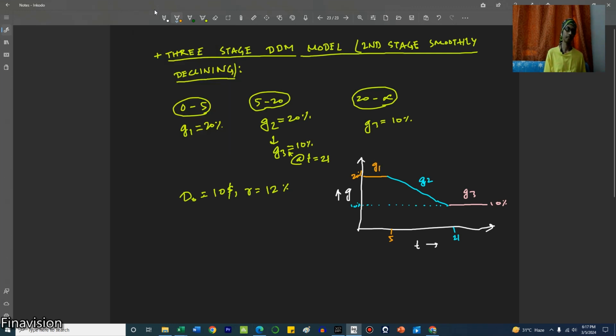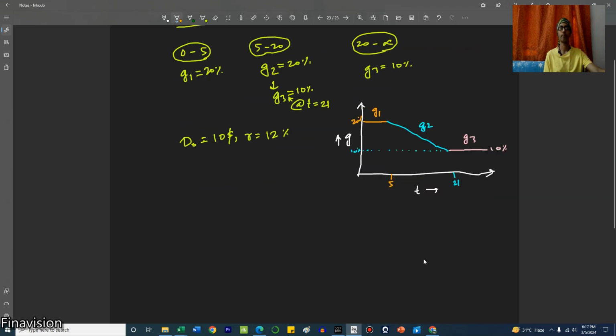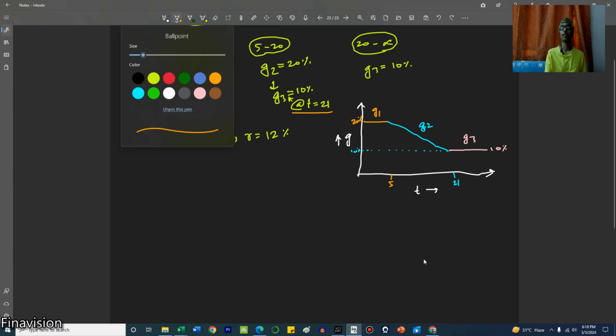Okay. Now let us calculate the values. Just one point to be careful, guys. At t is equal to 21, the rate reaches 10%. That is, here it is t is equal to 21, not 20.